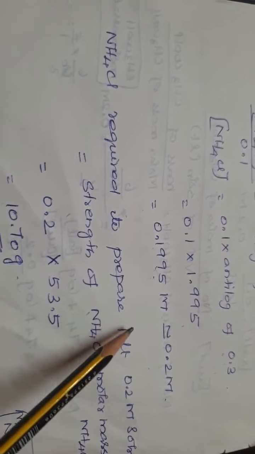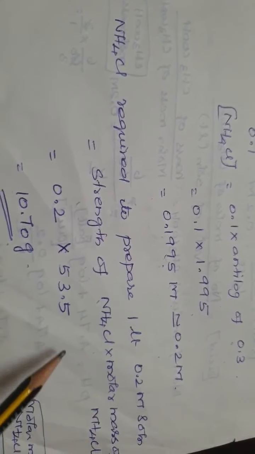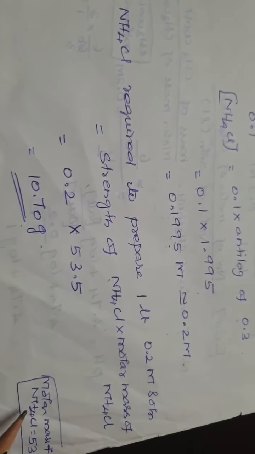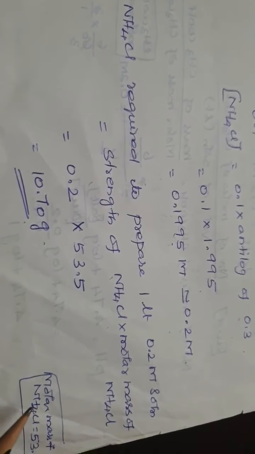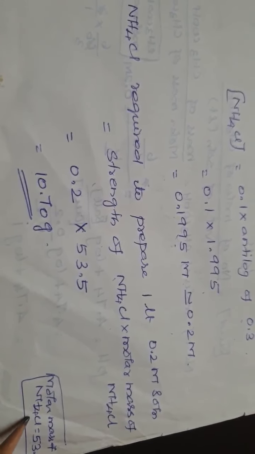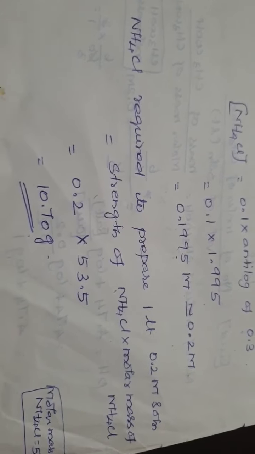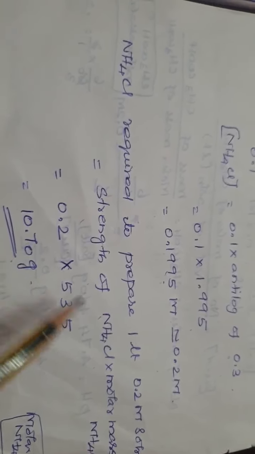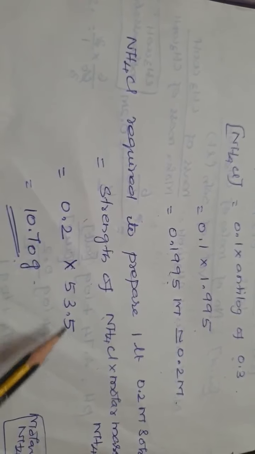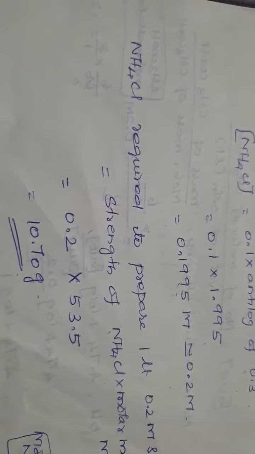So we have to prepare ammonium chloride solution. Molar mass of ammonium chloride is 53.5. Already you know, to calculate NH4Cl, just you add all the atomic masses to get the molar mass. So 0.2 into 53.5 is equal to 10.70 gram.